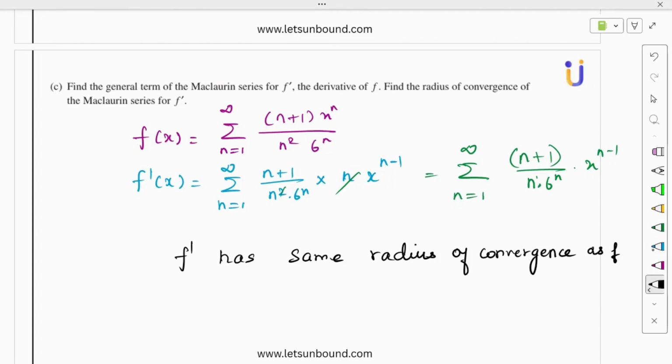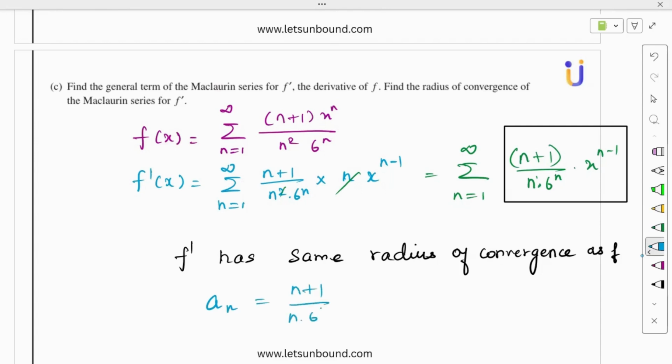So that's it. They ask for the general term, but we differentiate the series anyway. So the general term of f dash is n plus 1 by n into 6 power n, into x power n minus 1. We need to find the radius of convergence, and that is 6, the same radius of convergence which is given in the question. Right. So that's simple.